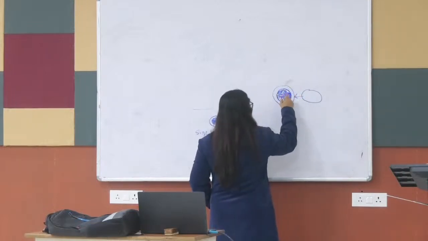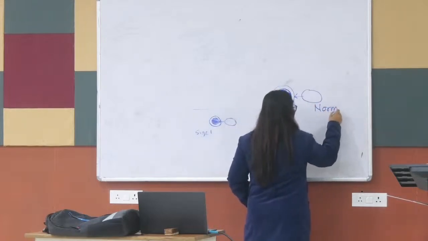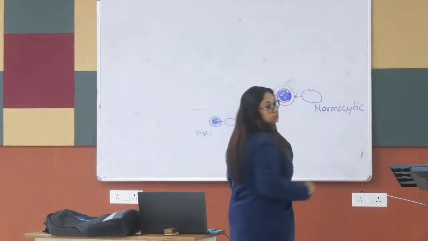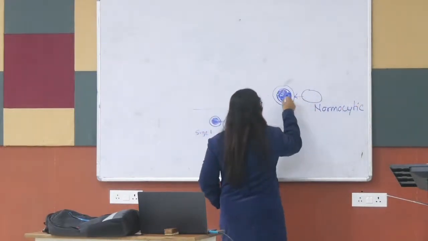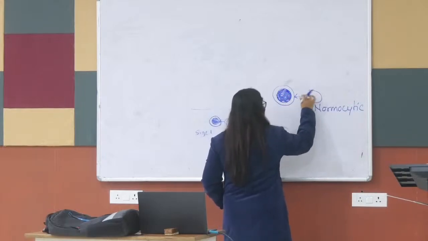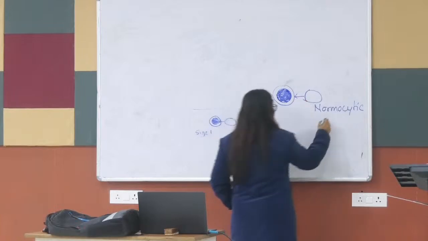When the size is equal, it is called normocytic.